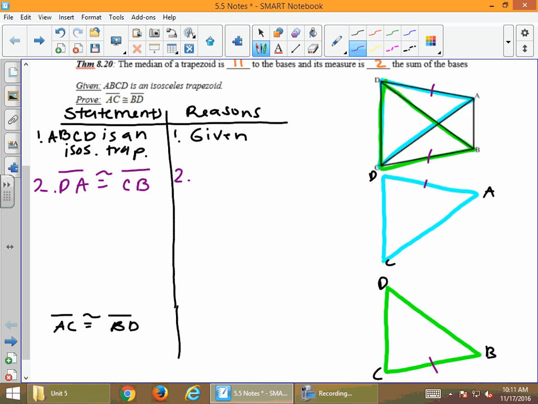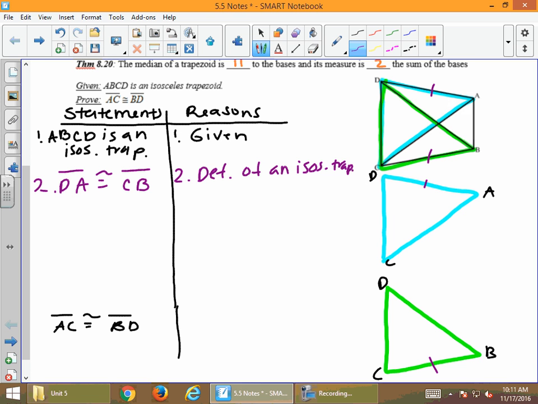What's our reason? We had a vocab word, what was our vocab word? Definition of isosceles. Yeah, very good. Give me definition of an isosceles. Okay. Because we had a vocab word, so you're using the definition of that vocab word.